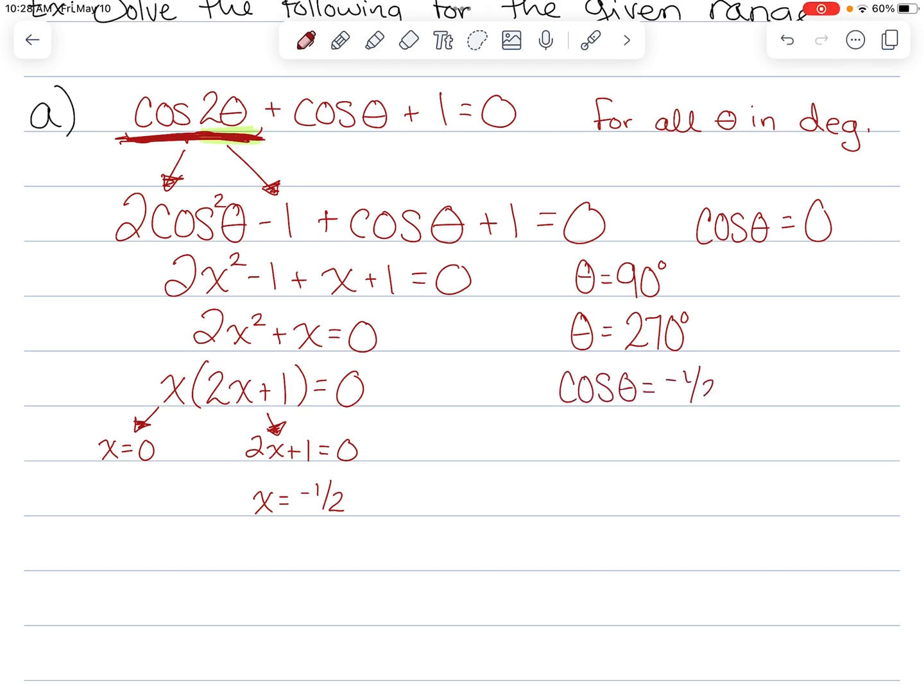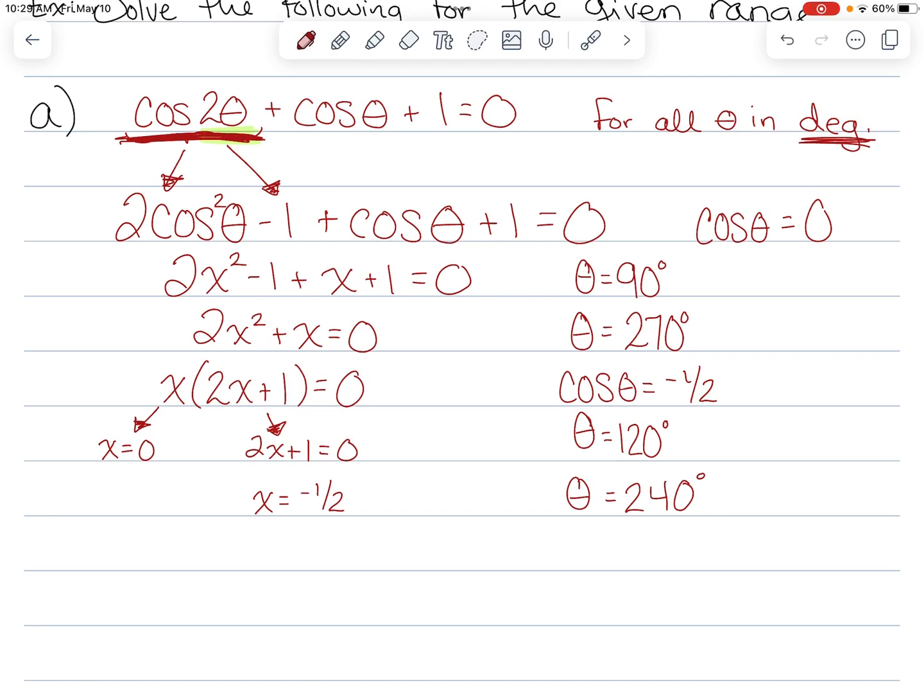Cosine of theta equal to a negative 1/2 happens at 120 degrees and 240 degrees. Now, before I call this my solution, there's a couple of things I need to do, some of which we talked about on Friday, some of which are new. First off, are we in the right units?